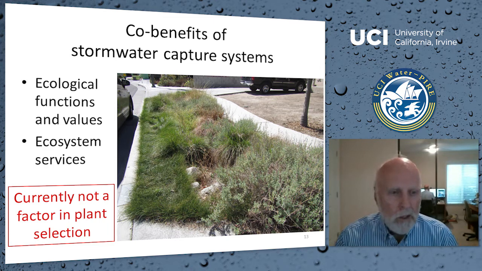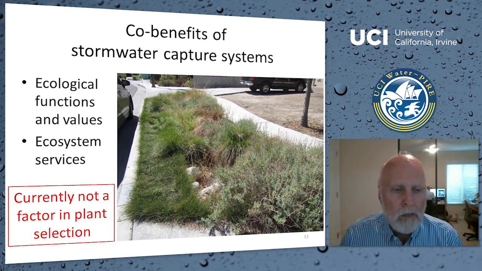But we have ecological functions and values that also could come from these, and we have ecosystem services. Right now, I don't know of any cases where these co-benefits were a factor in plant selection. I haven't seen anything where anybody paid attention to these, and they're rarely mentioned, and they're certainly not quantified, but I think they're potentially very important, and they're things that we should be thinking about.